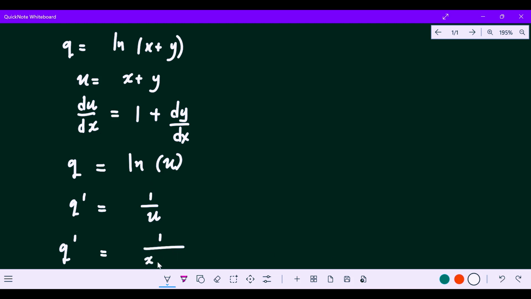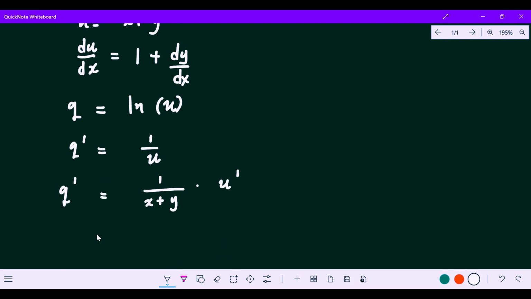Our u was x plus y, but we're using the chain rule, so we also have to include its derivative u prime, or du/dx. So this is 1 over (x plus y) multiplied by (1 plus dy/dx). This is the derivative of the left-hand side of the equation.